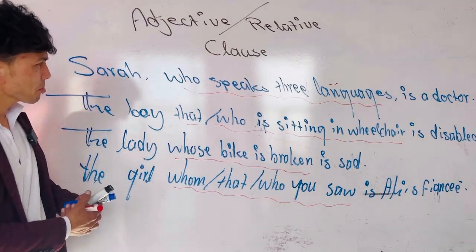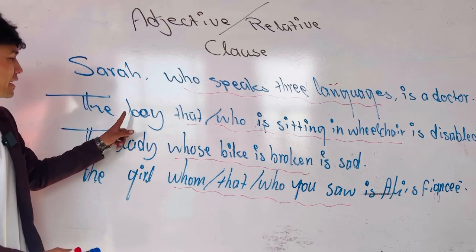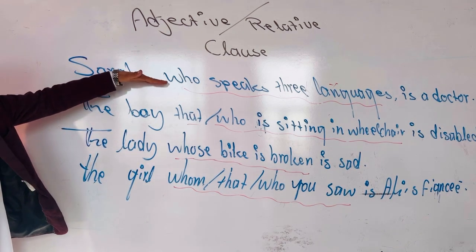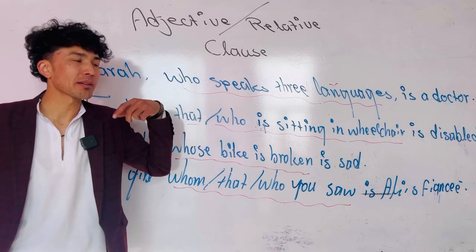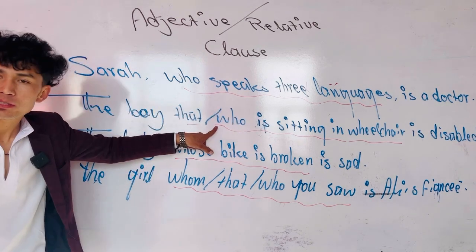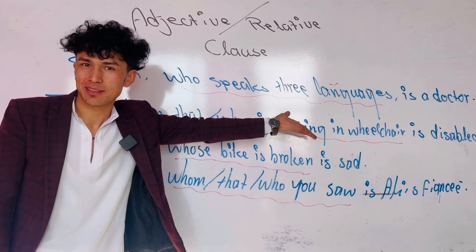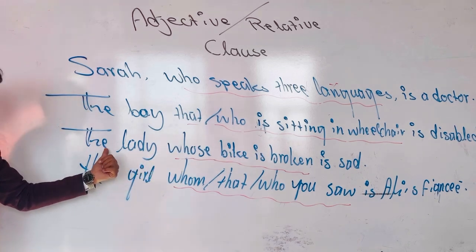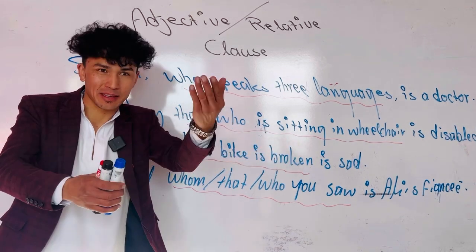Adjective clauses can be used in 3 different positions in a sentence. Look at this one: the boy who is sitting in a wheelchair is disabled. It can be used as the subject of the sentence. Did you understand? The lady whose bike is broken is used as possessive.